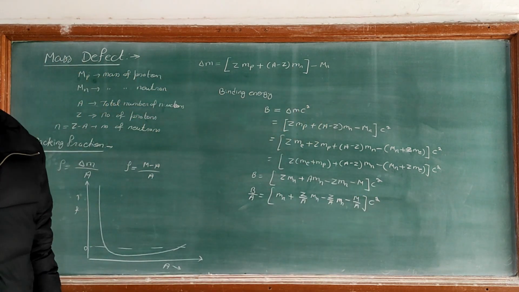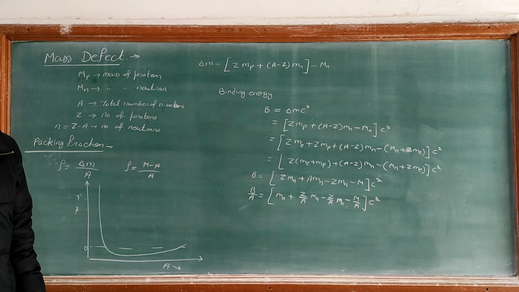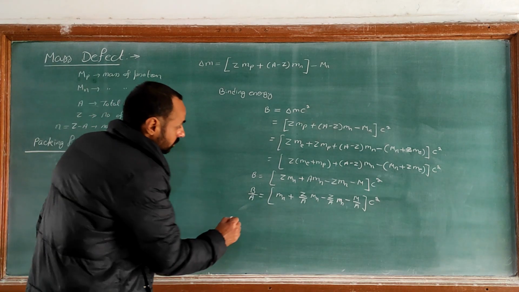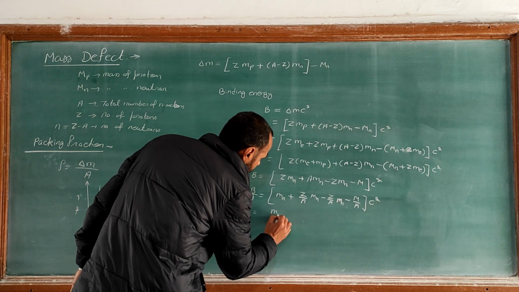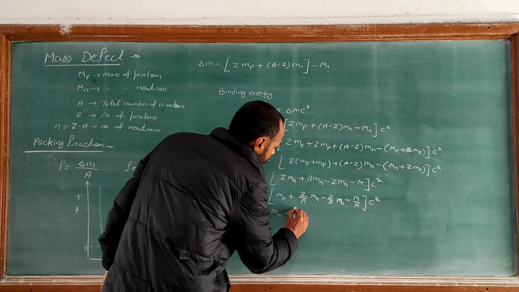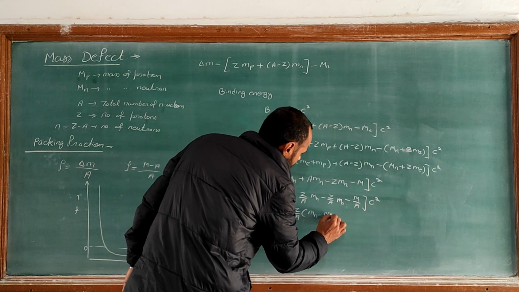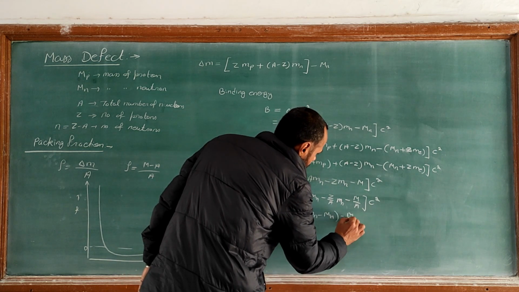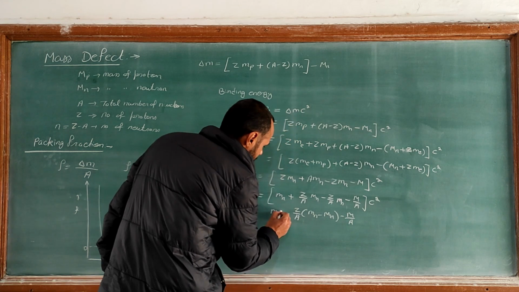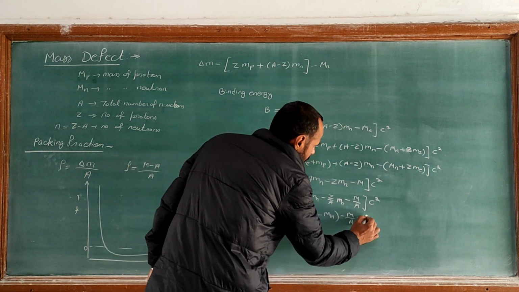So Mn is the mass of the neutron, and now if we add and subtract 1 on the right hand side, we have Mn minus Z by A (Mn minus MH) minus M by A minus 1 plus 1.